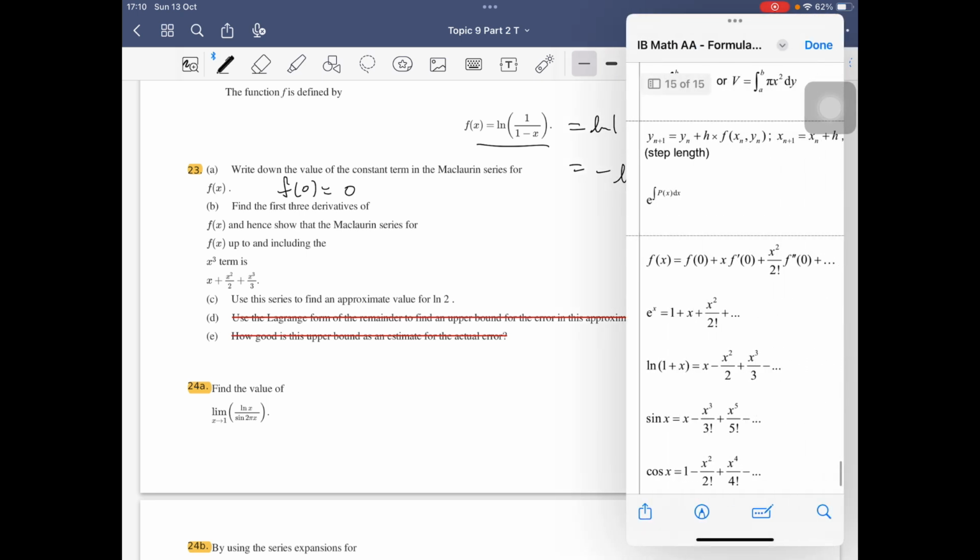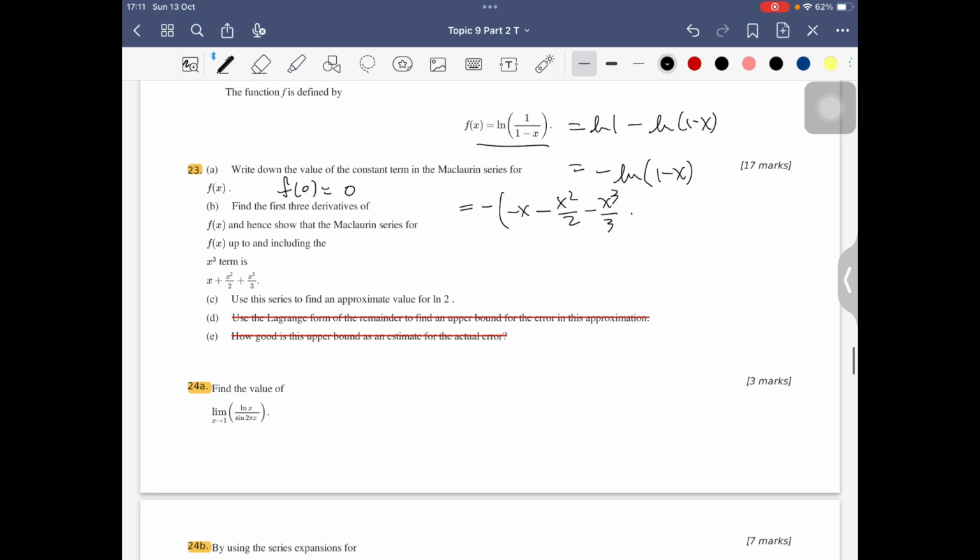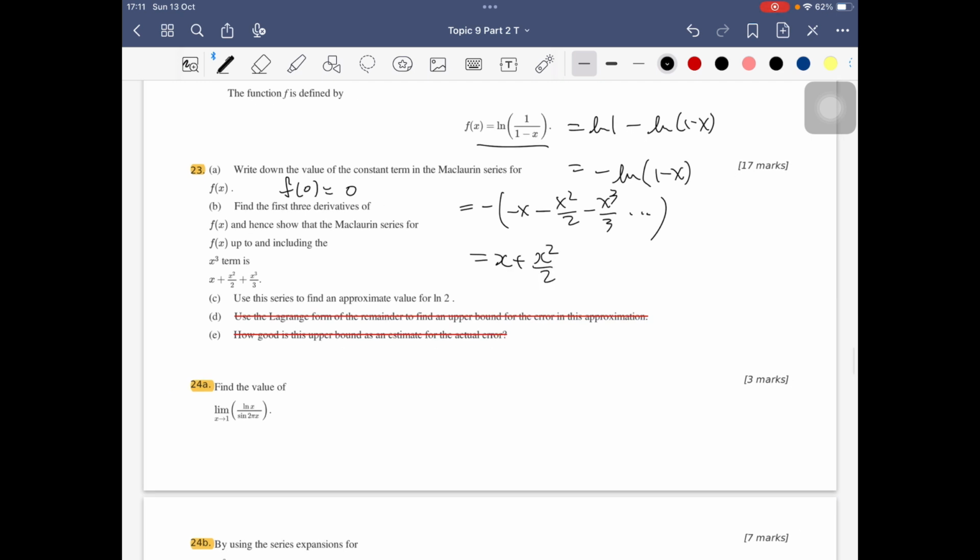We already know ln 1 plus x, so we put negative x into x. So negative x minus x squared over 2 minus x cubed over 3, and so on. So it is x plus x squared over 2 plus x cubed over 3 plus and so on.